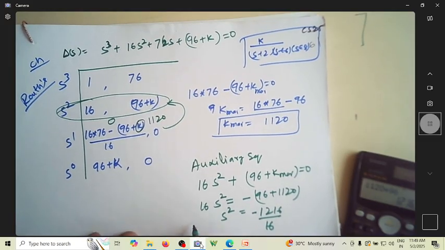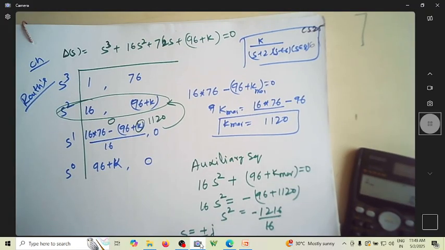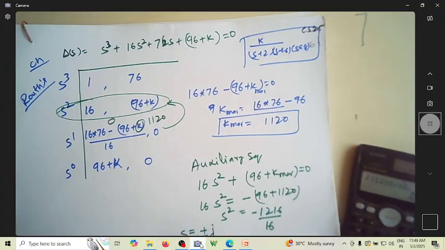If you find the roots of s now, s is equal to plus or minus j times the square root of 1216 divided by 16, which happens to be 8.7.